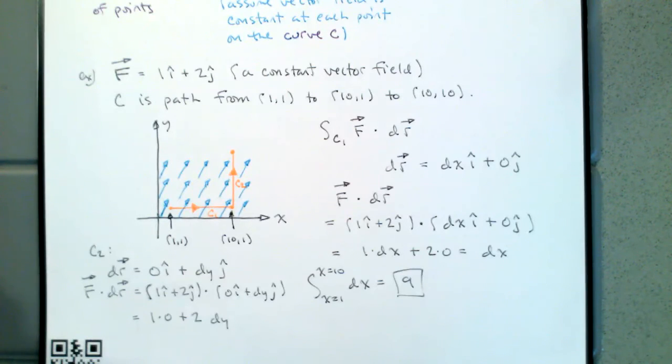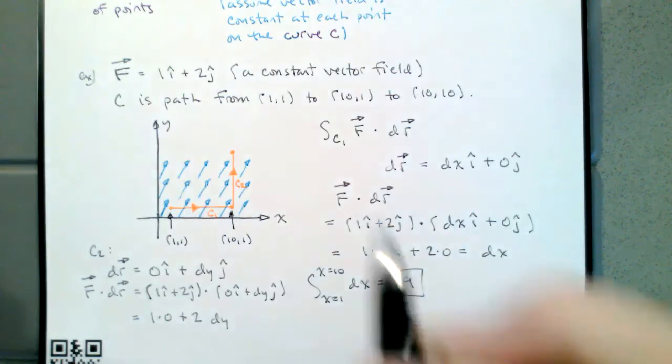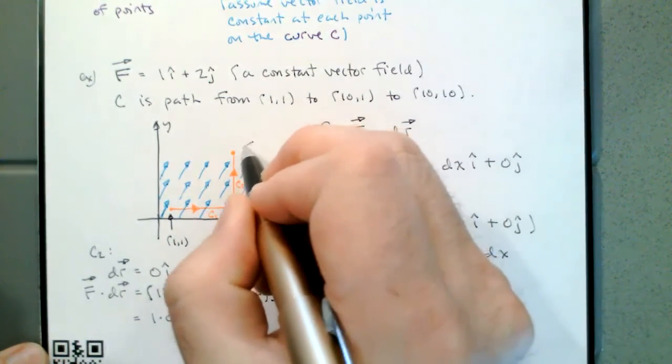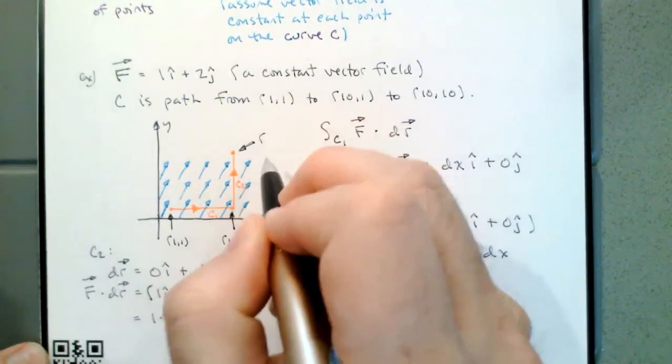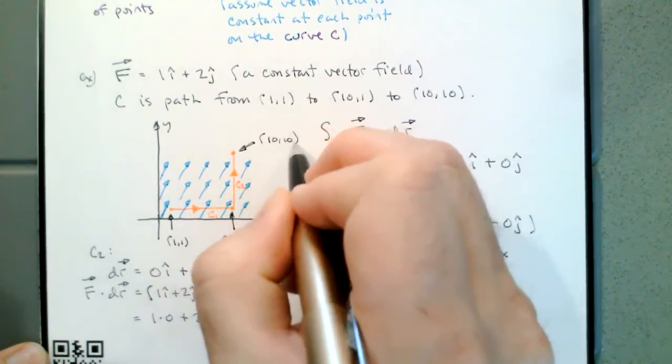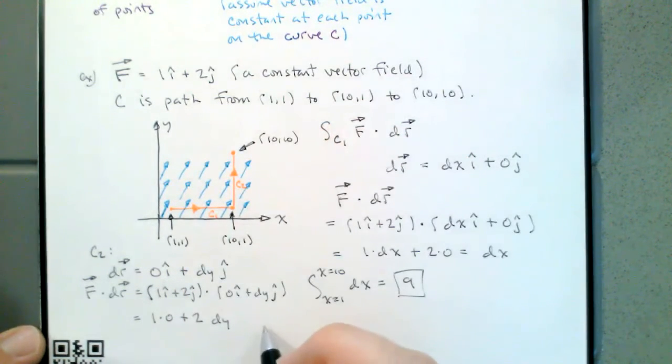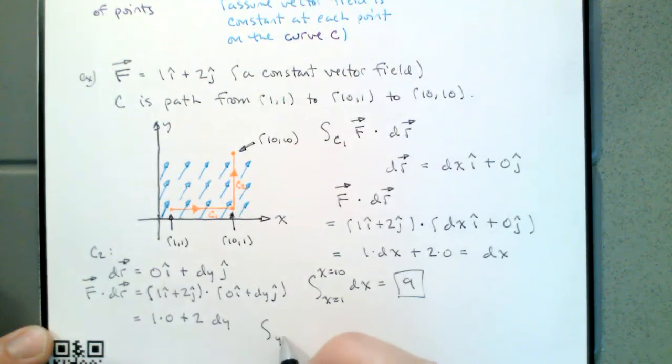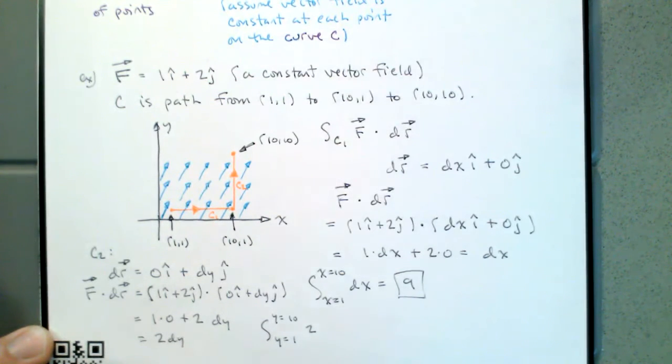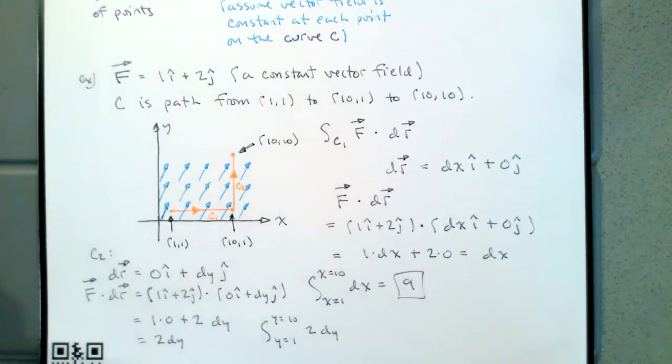So now we just need to describe this part of the curve, C2, which is just the line segment from 10,1 to 10,10. So here we'll have the integral. To describe that line segment, I can just say y goes from 1 to 10, but we're integrating 2 times dy, because that's the f dot dr. So our line integral has become a nice simple integral.